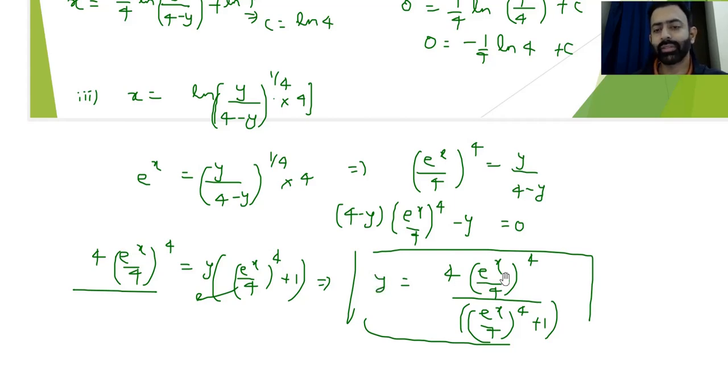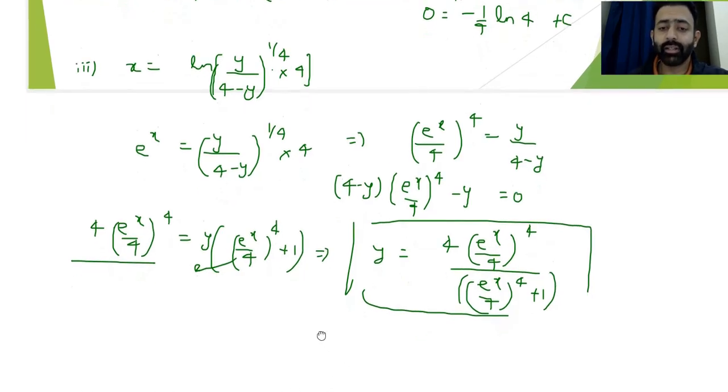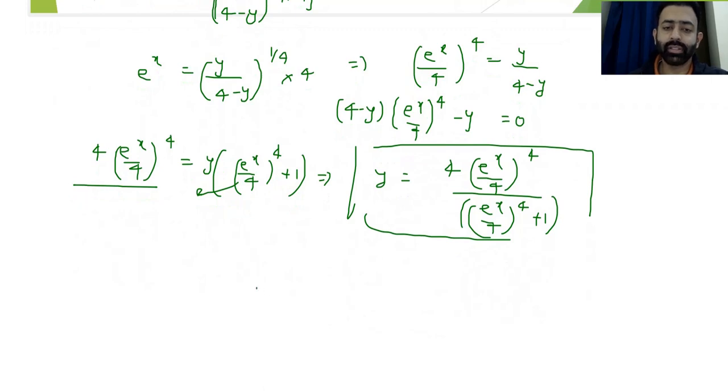Okay, if you put x equal to infinity here, you will get e raised to power infinite. That means x becomes very large means x is tending towards infinite. If x tends to infinite, this will be infinite and this will be again infinite. Okay, so I think finding limits is not in the syllabus, but since the question is there, I have to divide this by e raised to power x by 4 raised to power 4.